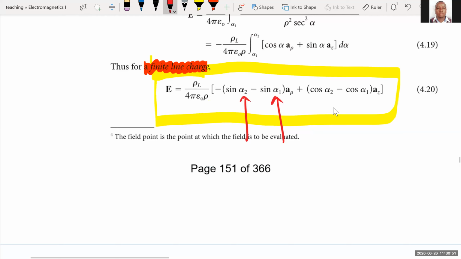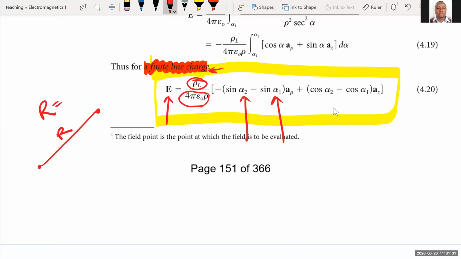line charge. So we are saying that the electric field intensity, having skipped the derivations, will be a factor of the line charge density and our normal constant. Remember that previously we had R, the distance between the point of observation and the point of the source of the field.